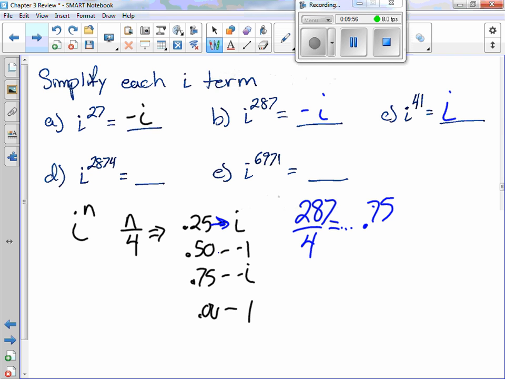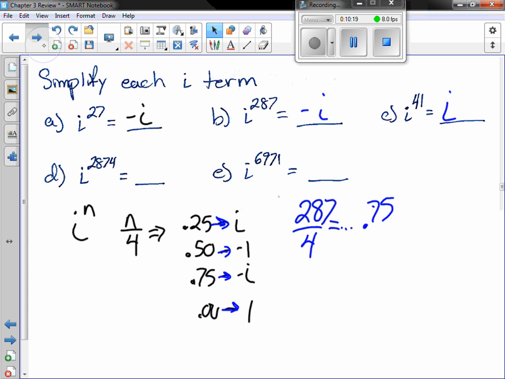But really, these are just arrows, not negative signs. And we can do the same thing with D and E. We divide the exponent by 4, and whatever the decimal, we match it up to the answer. So any questions on A through E?